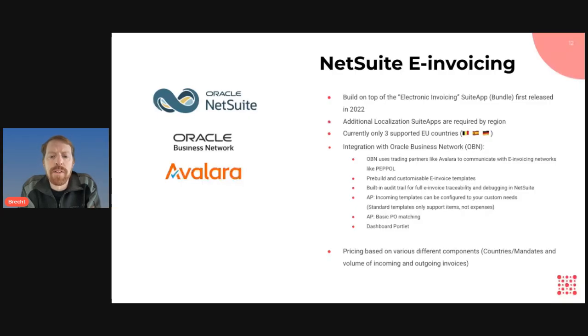Your current invoice data can then be converted to an actual invoice, which we'll see later as well. Their pricing is based on different components, mainly on how many countries and mandates you need to follow, but also, like any e-invoicing solution, on the volume of incoming or outgoing invoices, which is also important here.